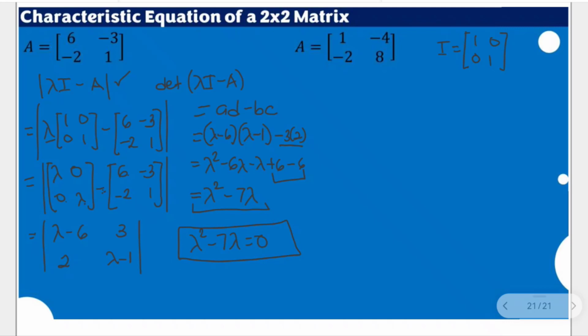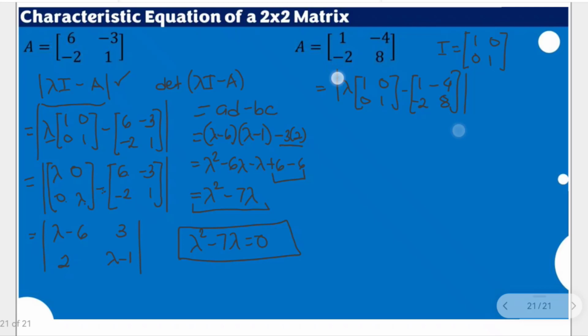Again, the purpose for this is later on we're going to solve for lambda, which represents the eigenvalue, and then ultimately the eigenvector and eigenspace. But for this video, characteristic equation only. So let's duplicate the process for the second expression as well. You will have your lambda times your identity 1, 0, 0, 1, minus your A, which is 1, -4, -2, and 8.